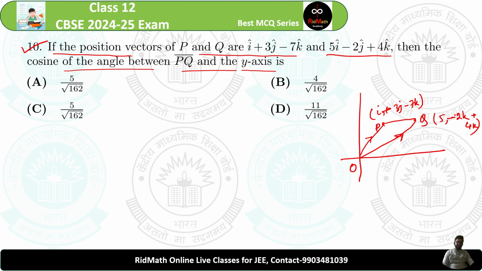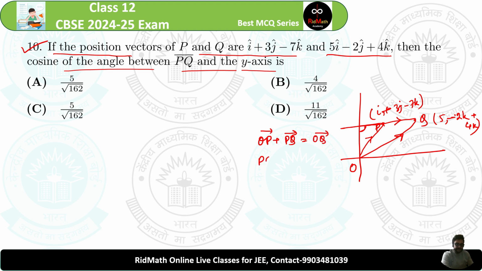So let us extend PQ. This is the y-axis. How to find it? What is the PQ vector? P to Q, that means OP plus PQ equals OQ.